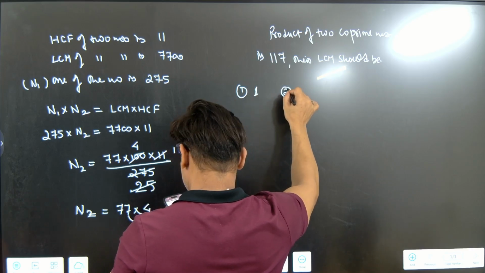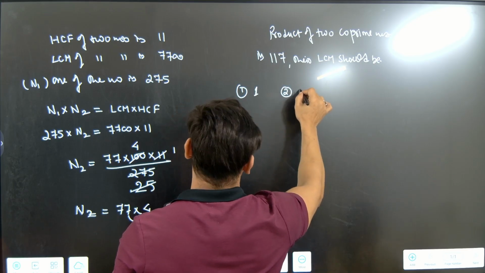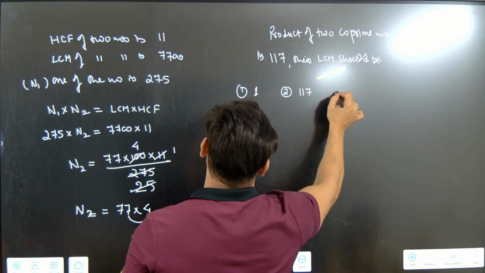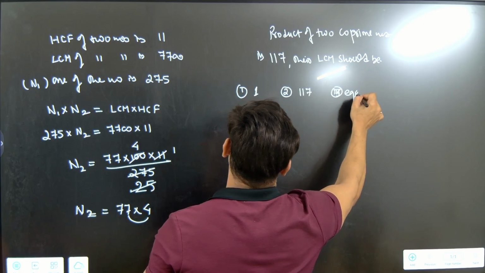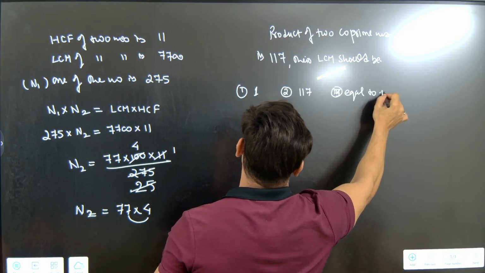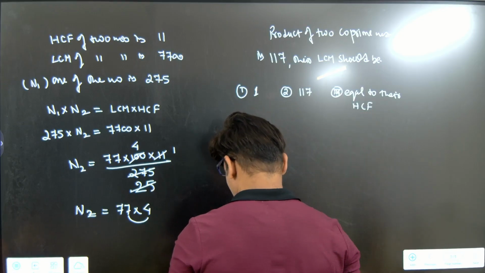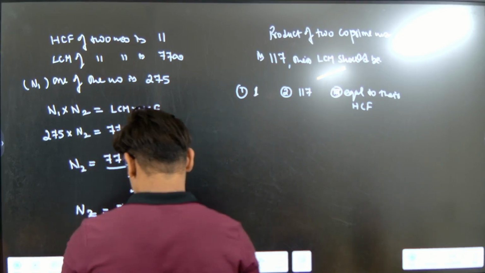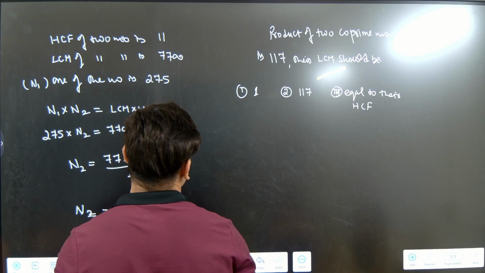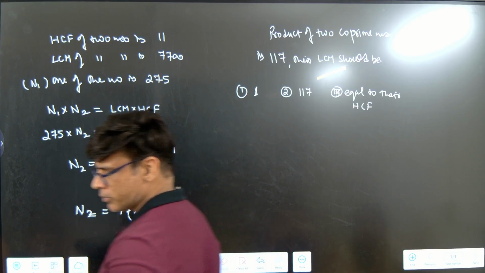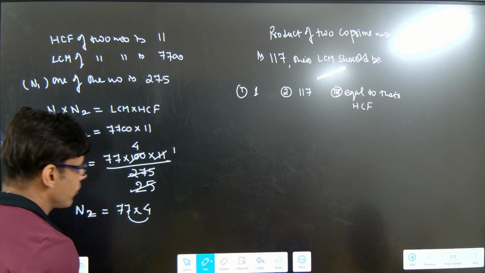Second option we have 7. Third option is equal to their HCF. Fourth option is cannot be determined.